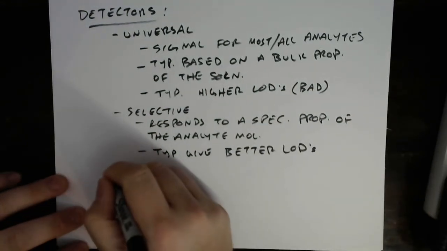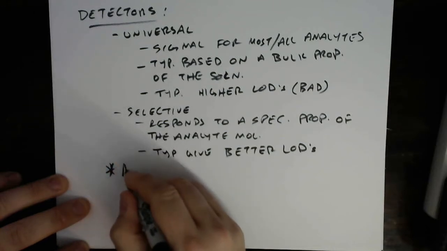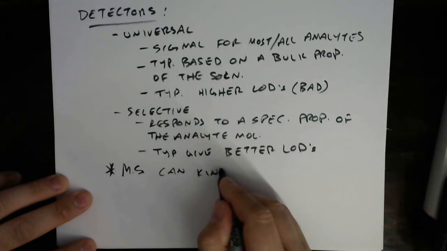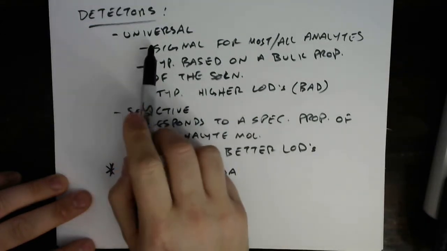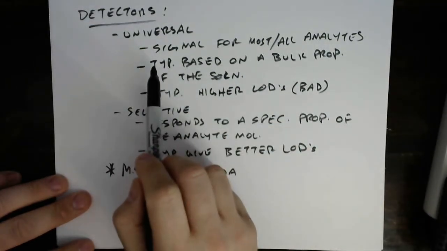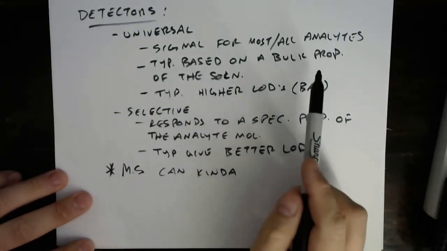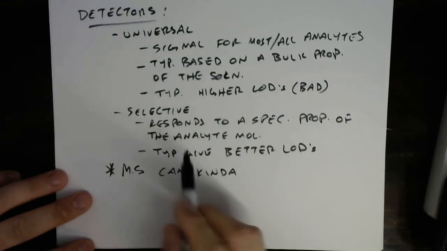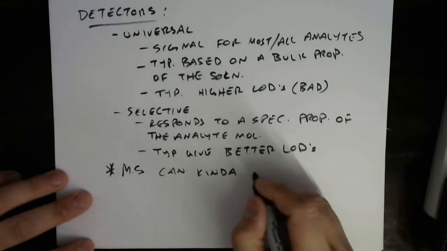And I guess we did put a little caveat in. We said mass spec can kind of do both of these. You can make an ion out of just about anything under the right conditions, so it's universal. But you get a specific property of each analyte when you measure it in the mass spectrometer, its mass to charge ratio, so it can kind of do both.